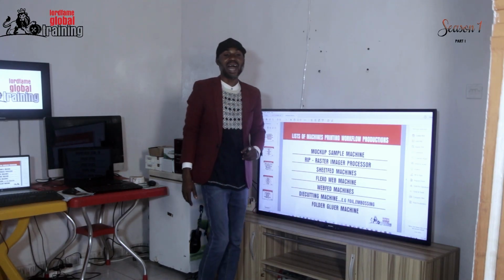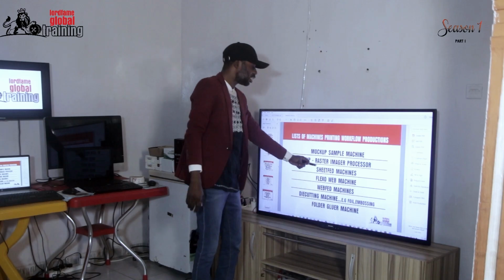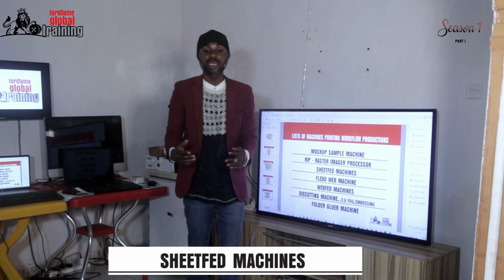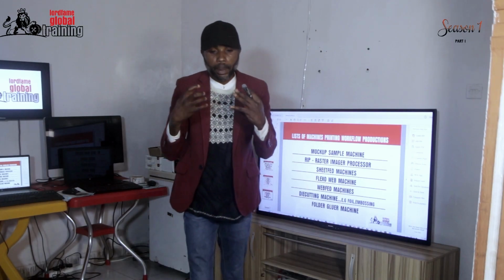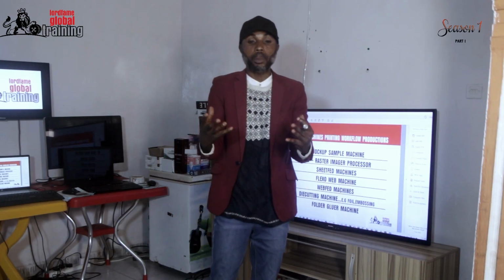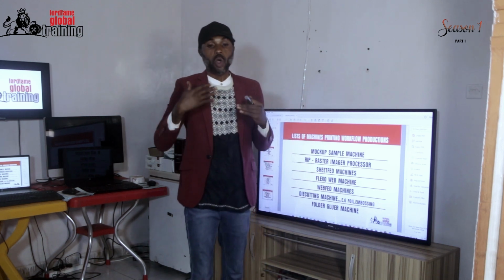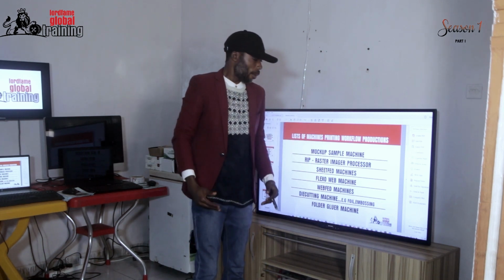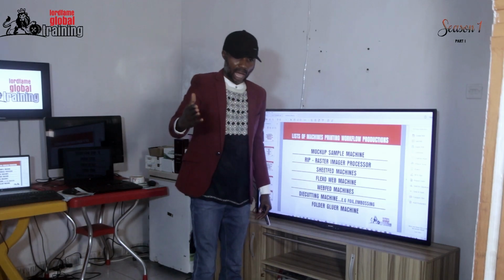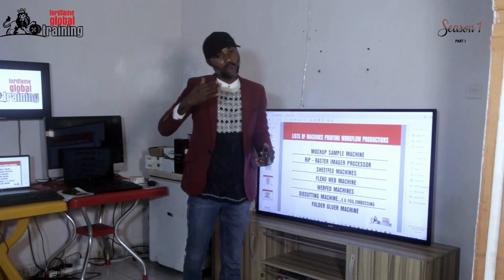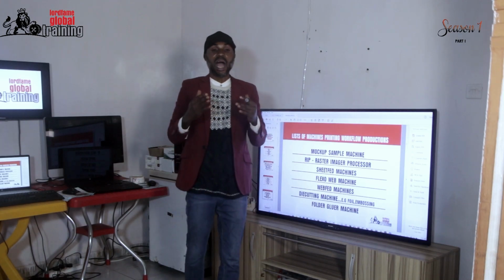So press are the ones that use that machine we are calling sheet-fed machine. It handles sheet paper. So by the time we get to the practical, I will still show you some photographs that will guide you and give you more understanding about sheet-fed.